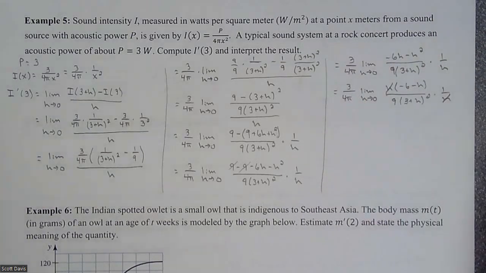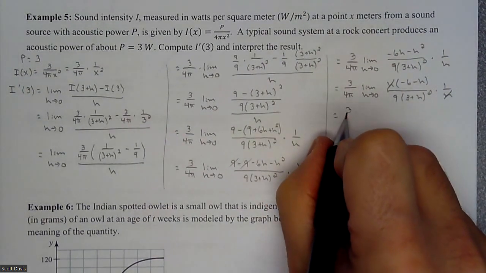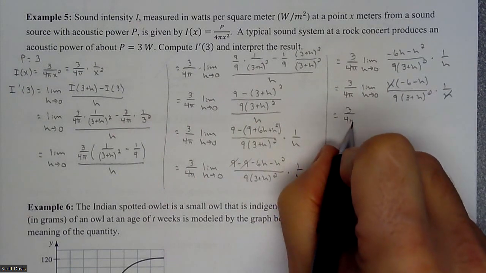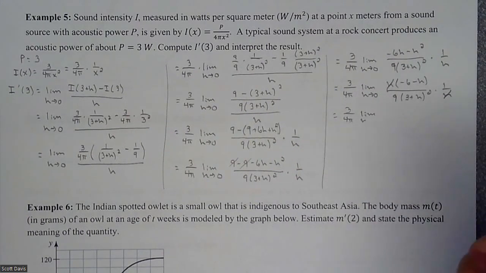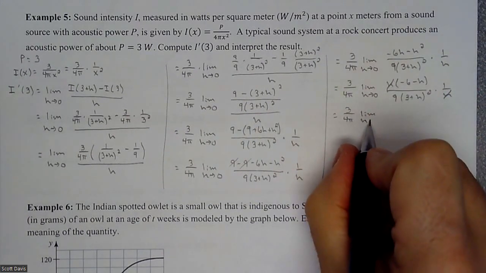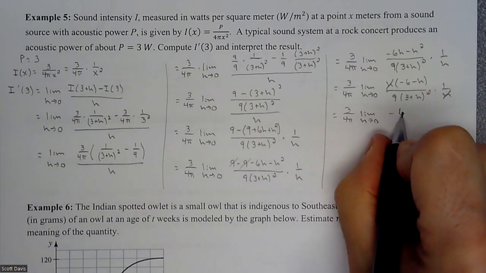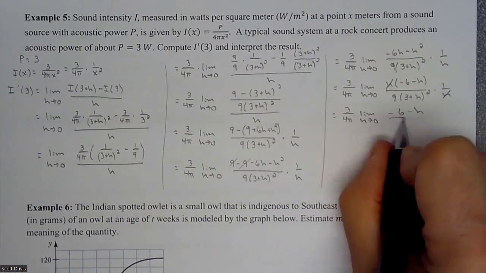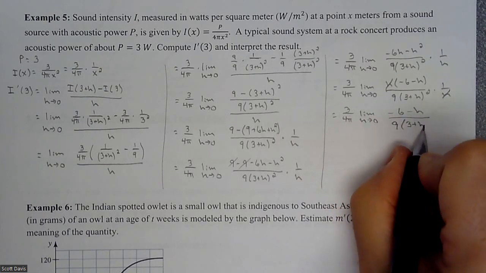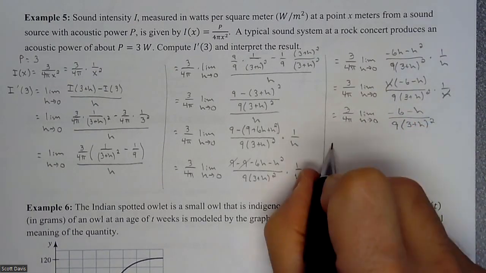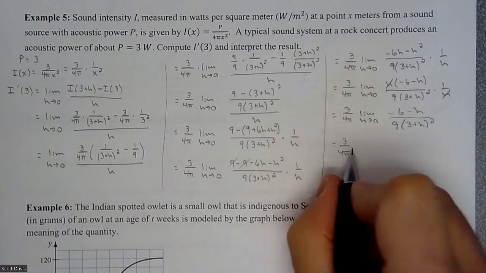There's our h's canceling. Finally, we are now left with 3 over 4 pi, limit as h goes to 0, of negative 6 minus h over 9 times (3 plus h) squared. All right, plug in our 0.